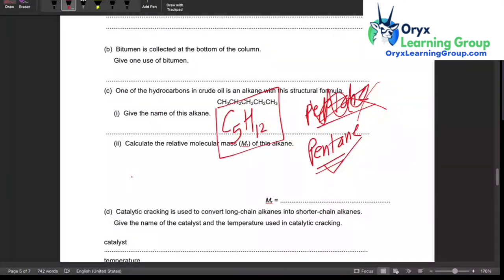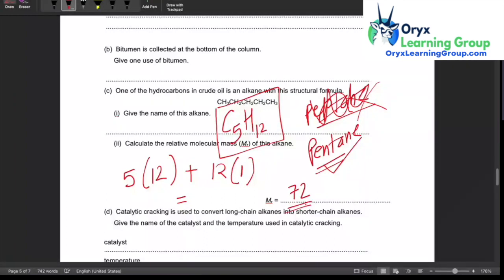Okay, good. So how do we calculate the relative molecular mass? 5 into the molecular mass of carbon, which is 12, plus 12 into the molecular mass of hydrogen, which is 1. You add up the numbers and that is the relative molecular mass of the alkane. So this will be 72.